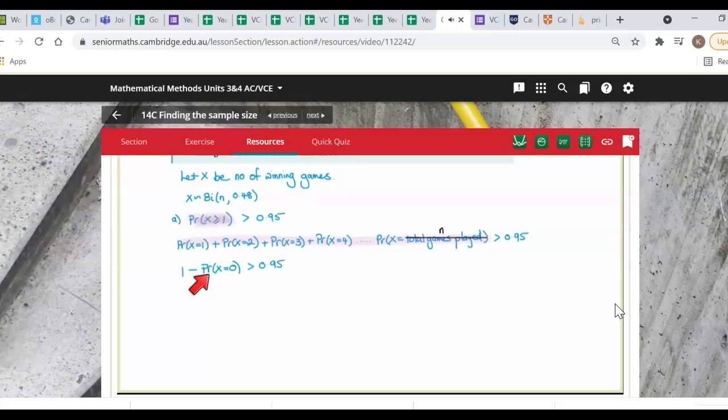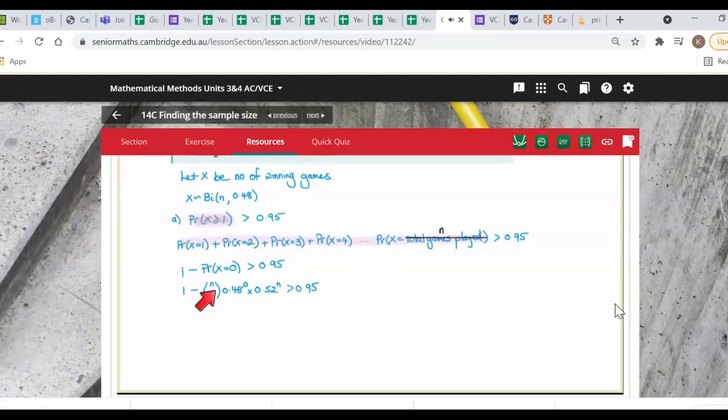To evaluate what the probability is that x equals 0, we can use the formula. So the probability that x equals 0 will be n choose 0 multiplied by the probability of success to the power of 0 multiplied by the probability of failure to the power of n minus 0, which will just be n. And that all has to be greater than 0.95.